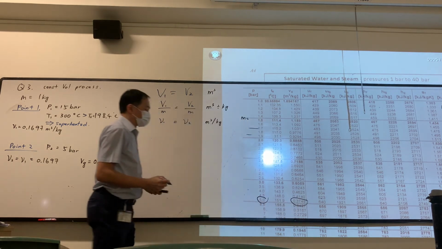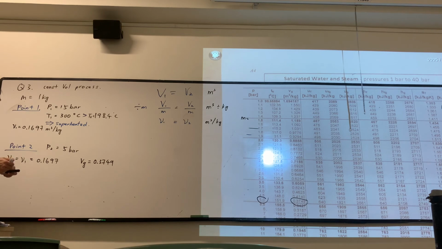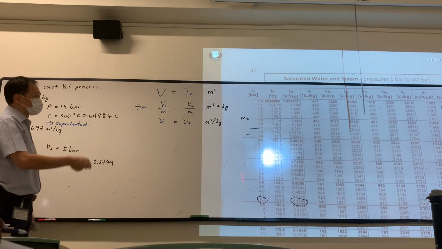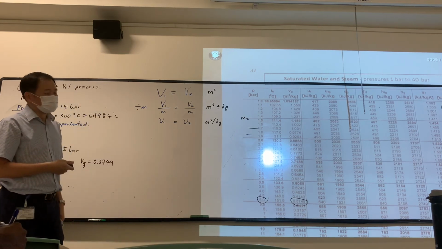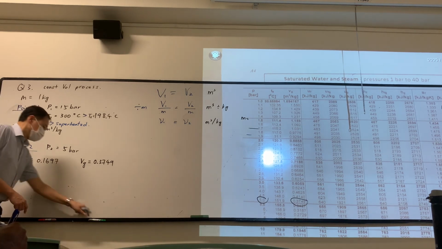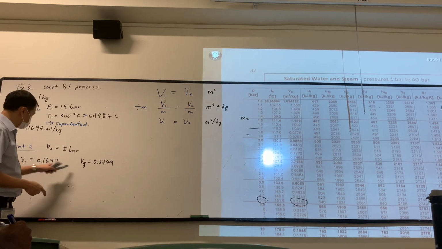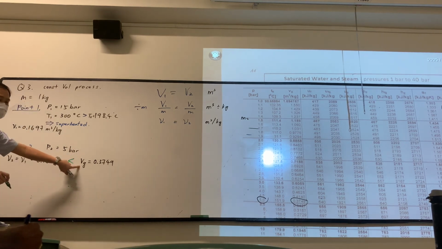VG is 0.3749, the same value. So this is the second place you can find the VG, or the G value. Two places you can find it. So I have this VG and I have this V2. Is it less or more? V2 is 0.1697, so V2 is less than VG.